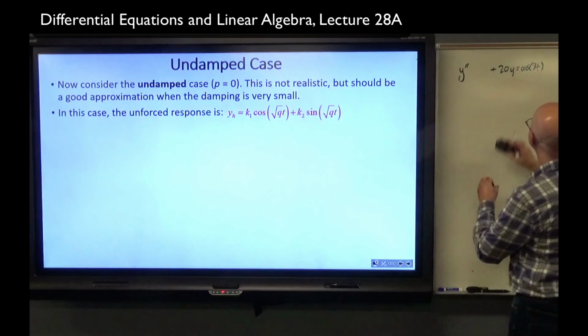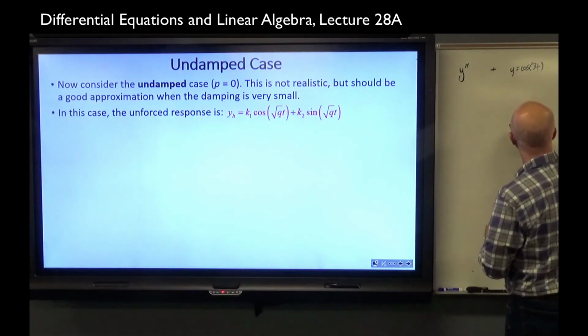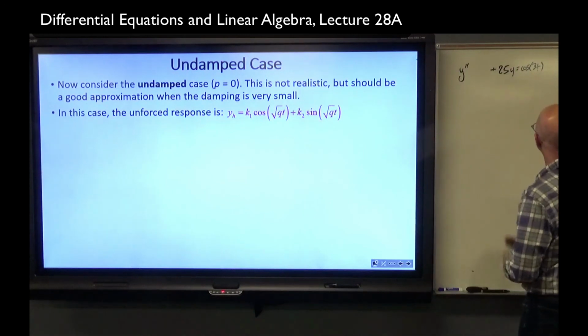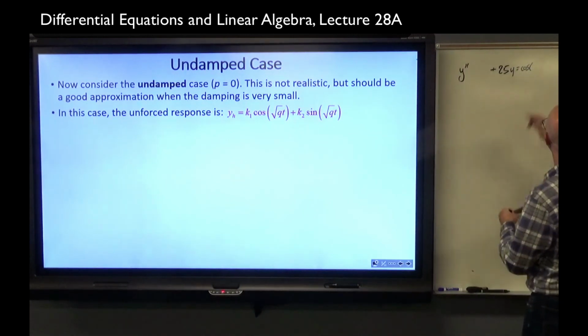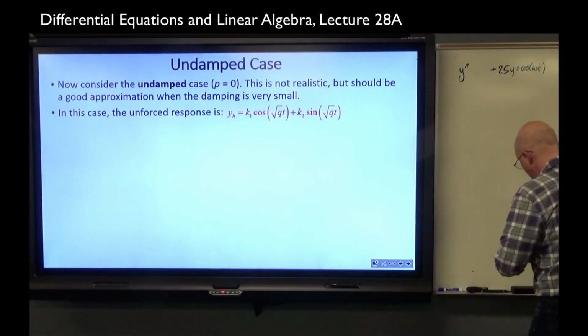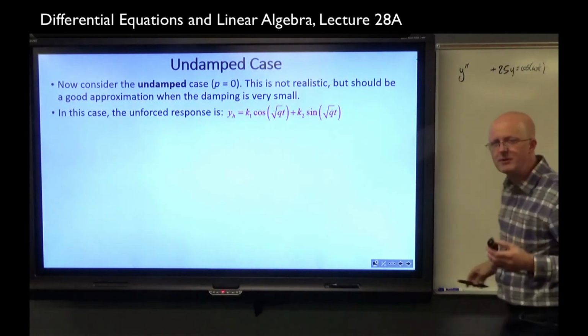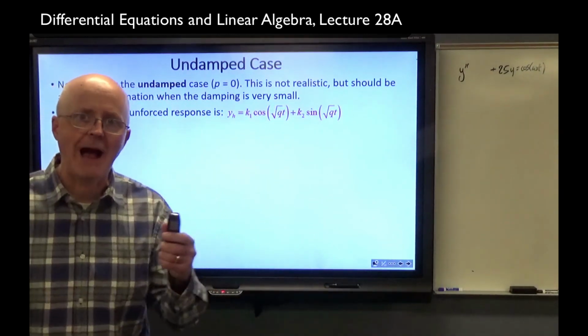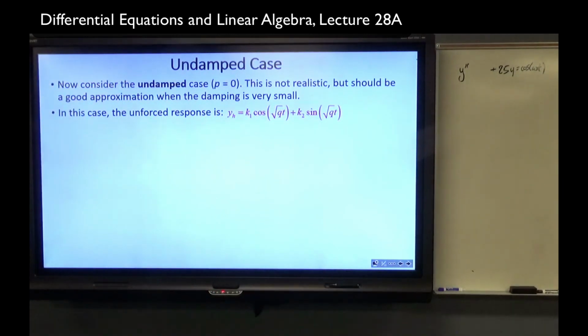To make it nice, it'd be nice if q is a perfect square, like 25 or something. I could pick omega, but I'm not going to. I'm going to do the general case here again, which gives you the power to think about infinitely many problems all at once. That's the power of thinking about the general case.